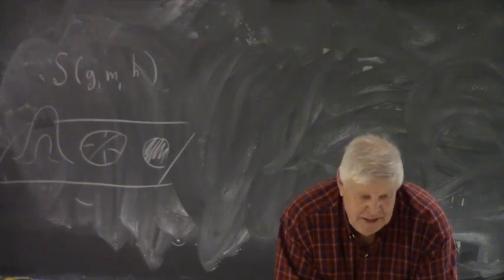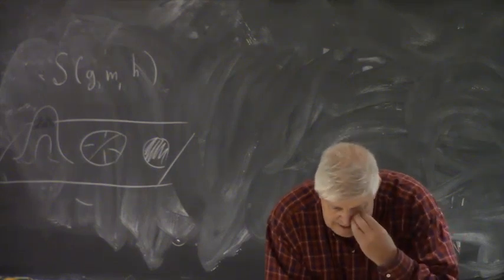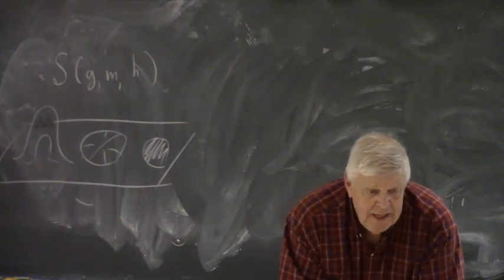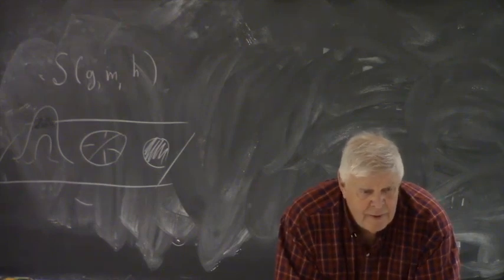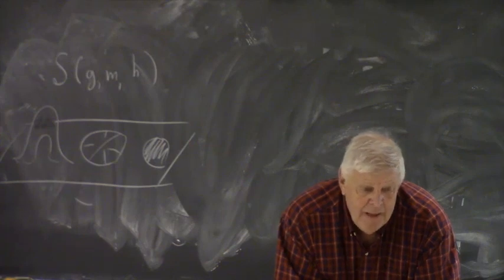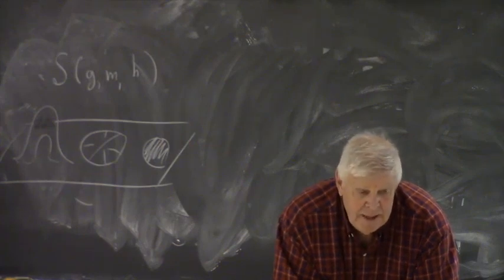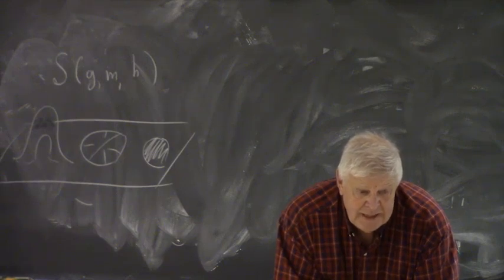There is a relation between different surfaces S, G, M, H. They may be diffeomorphic to each other, even when G, M, and H are not the same. We discussed this last time, and we will discuss this later today. But now I formulate my theorem precisely as it has been formulated.